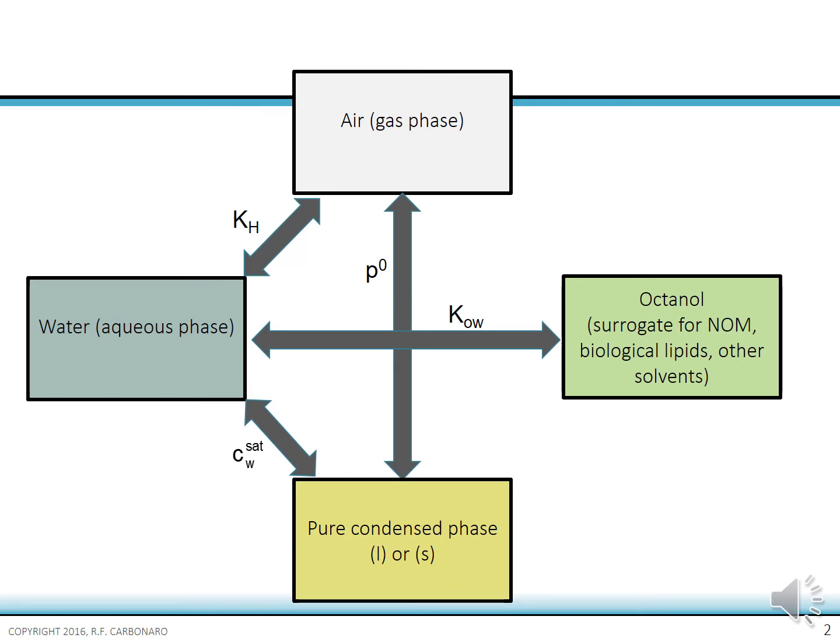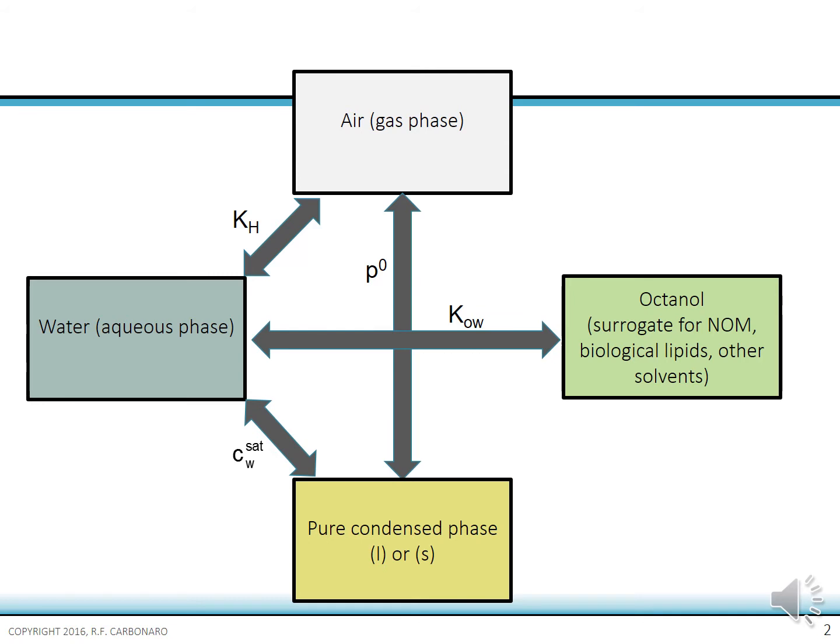And anytime we put a new box on this slide, what we've done is we've created linkages to some of the other boxes. And so sure enough, we have a linkage between this octanol phase and the water phase. That linkage is described by a KOW, capital K indicating an equilibrium constant, OW indicating octanol water.